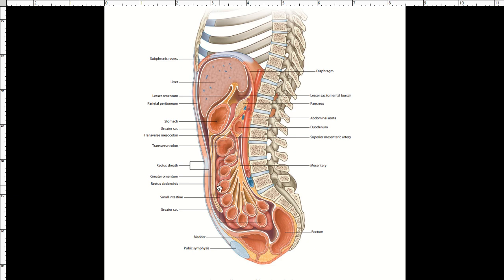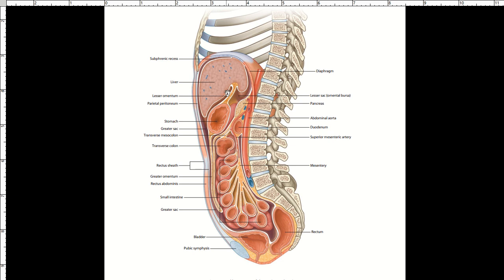Good. So the parietal peritoneum lines the abdominal wall and receives somatic innervation from the abdominal wall nerves. Since it receives somatic innervation, the parietal peritoneum is going to be sensitive to pain, touch, cold, laceration, and pressure.